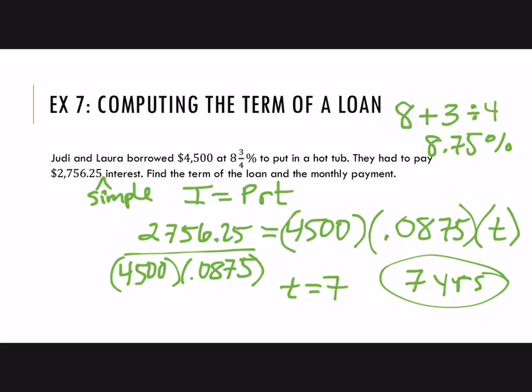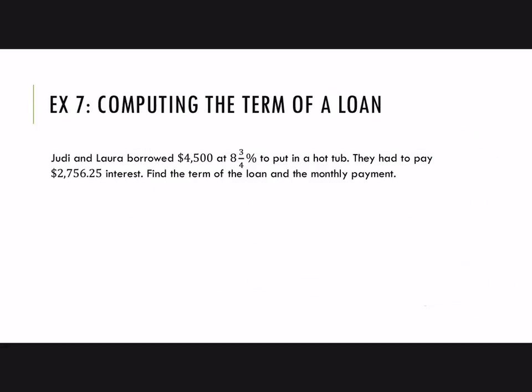The second is to find the monthly payment. So first we need to figure out the amount that they owe, all right, the future value. So we're using that little formula that the monthly payment is the amount that they owe divided by t, where t is in months. Okay, so splitting up the total amount they owe, dividing that evenly among all of the months in the time period.